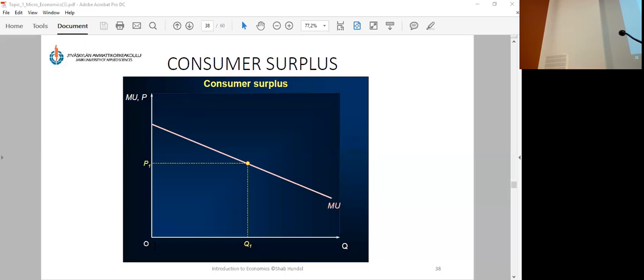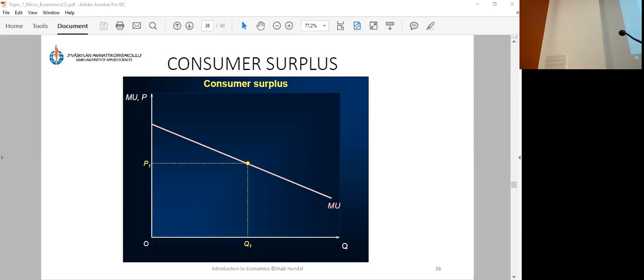But actually what you pay is this much. Hence, the resources which you give up are OQEP. What you are prepared to give away, to sacrifice, is more than what you actually give. Hence, this difference, which means the triangle PEP1, is your consumer surplus.